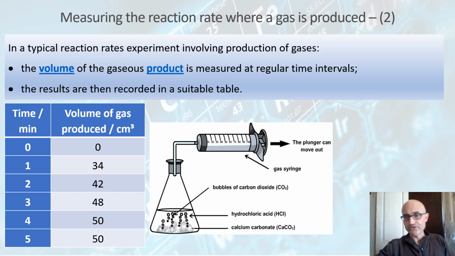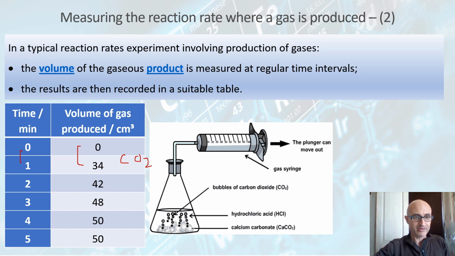Let us consider the reaction which I have just introduced, the reaction between calcium carbonate and hydrochloric acid to give carbon dioxide. And let's consider the table that we have right over here on the left. Note that initially, in the first minute, there are 34 mils of gas being produced. 34 centimeters cubed of carbon dioxide gas are being produced.